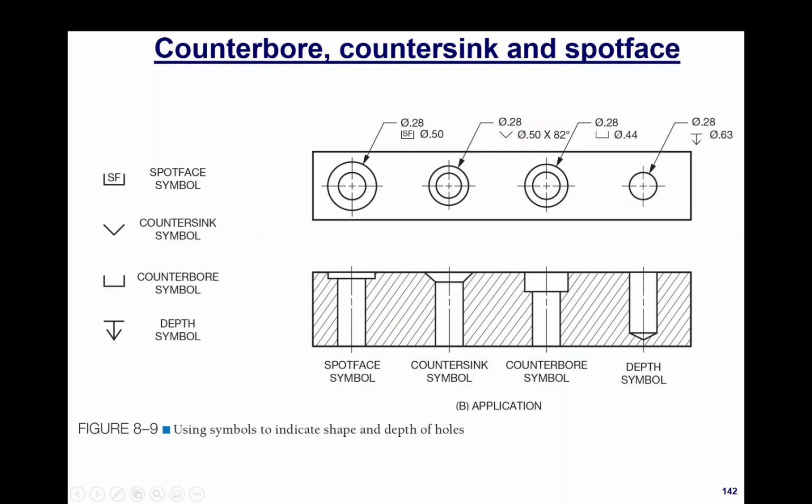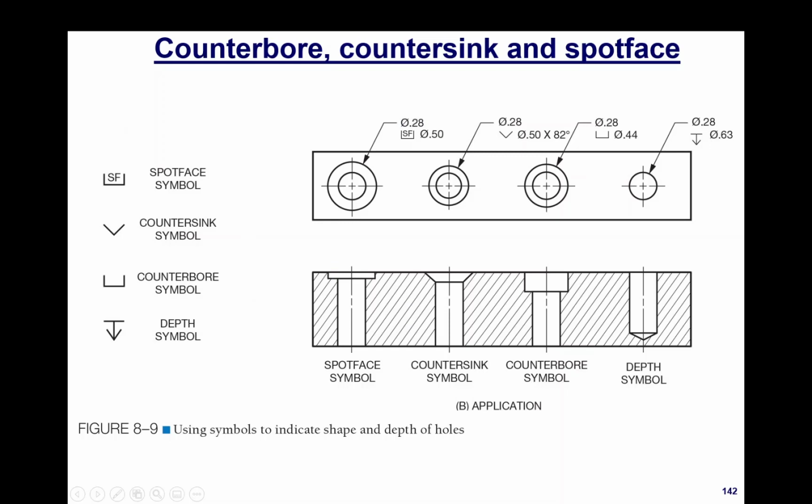Okay, the countersink. Again, the decimal 0.28 is what we call the hole size. Really, you could say this is a hole, but the hole size is the size of the cylindrical feature that is sized for the fasteners we're using.